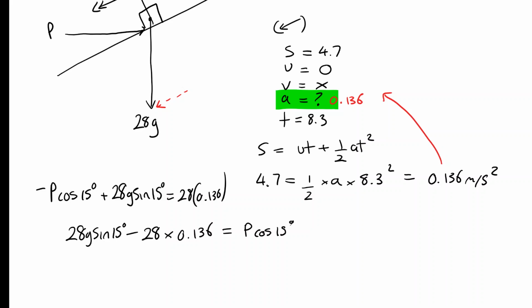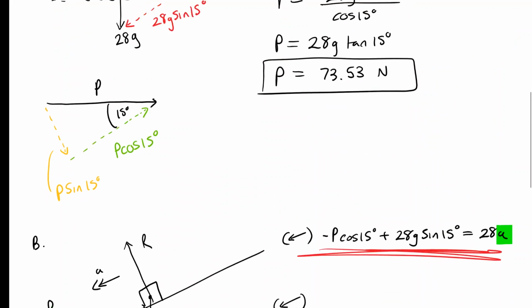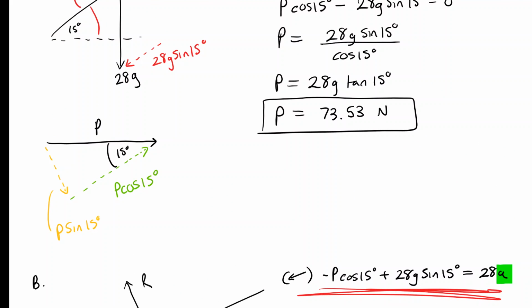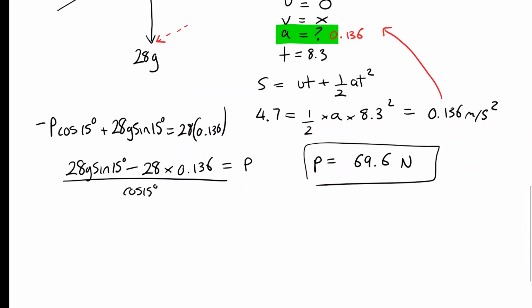And then we can divide both sides by cos 15 degrees to isolate P. P is equal to 69.6 newtons. We can check this is reasonable by looking back at the last part. 73.53 was needed to hold it still, and a slightly smaller force of 69.6 allows it to accelerate down the slope at a slow rate.